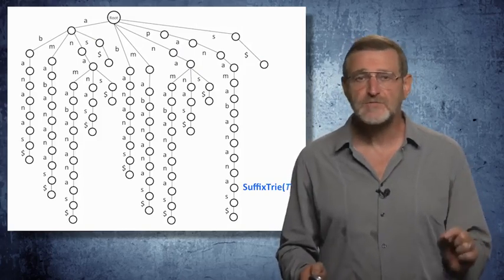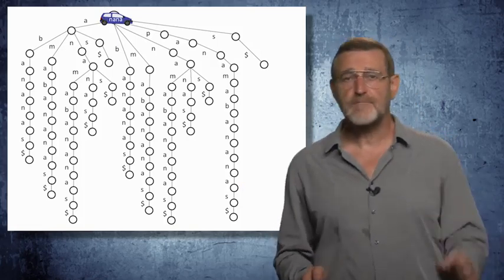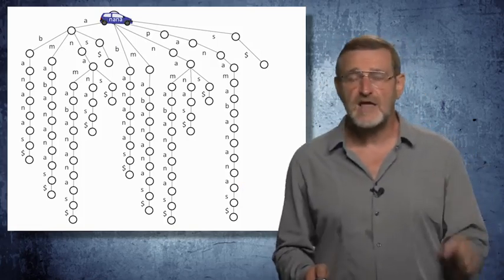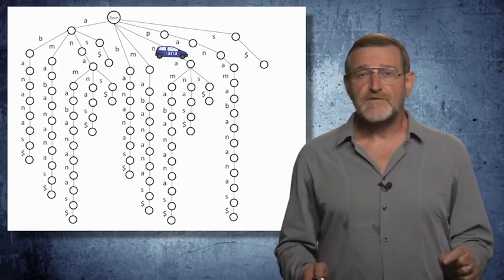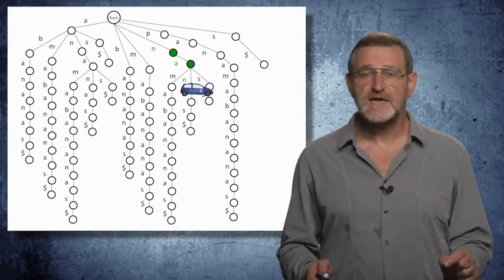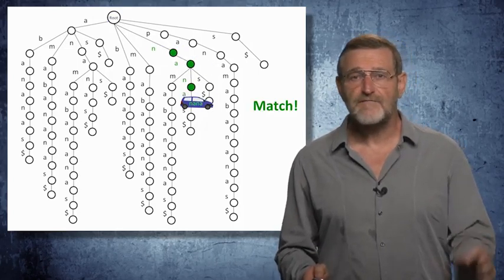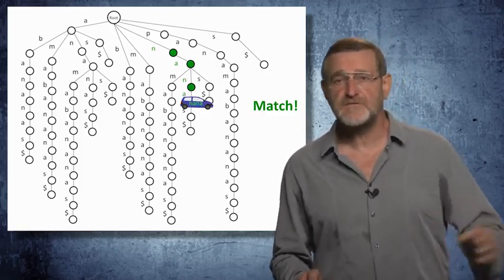Let's try a different crazy idea. Instead of packing patterns into a bus, let's pack text into a bus. Let me explain how we can do this. Let's generate all suffixes of text and form a trie out of all these suffixes. It will be a rather large suffix trie.